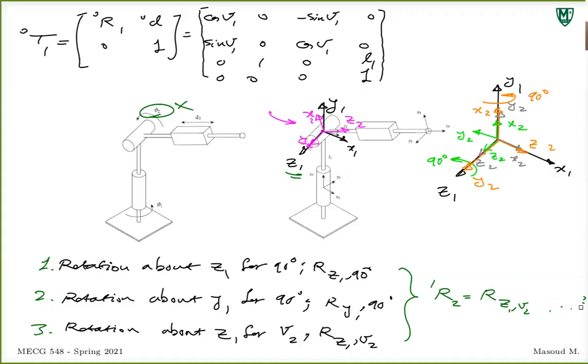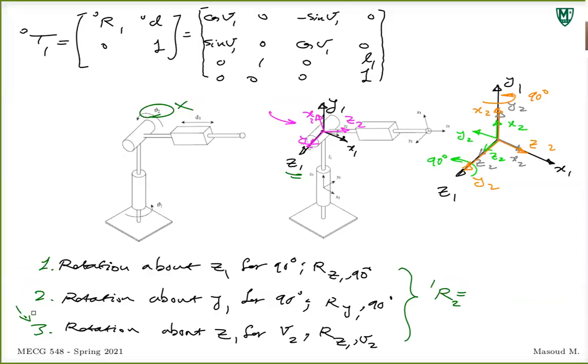I have a question. Go ahead. When two things are in the same direction, like we have two rotations around Z, can't we just add them together? Do we have that here? We have one about Z1 for 90 and one about Z1 for V2. Well, order matters. If rotations 1 and 3 were one after another, you could do it.